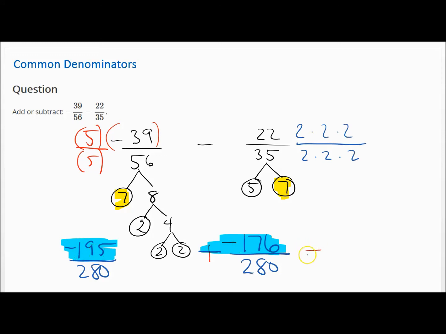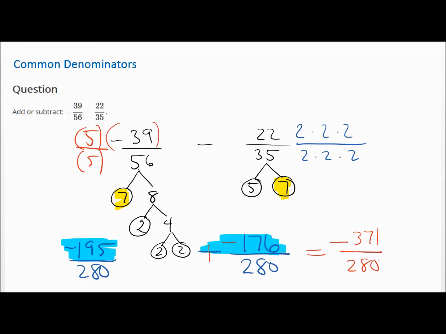So this is equal to, it's going to be negative, and then in my calculator I type in 195 plus 176. I get negative 371 divided by 280.